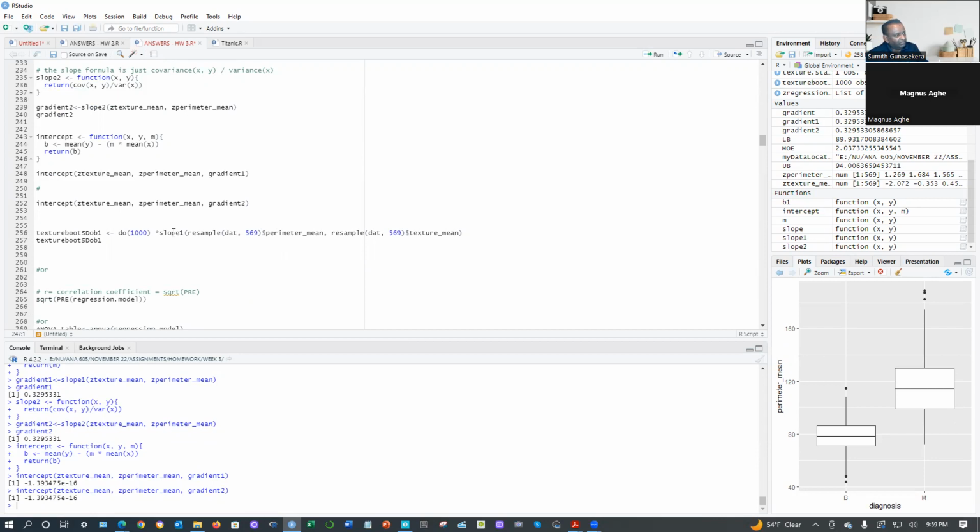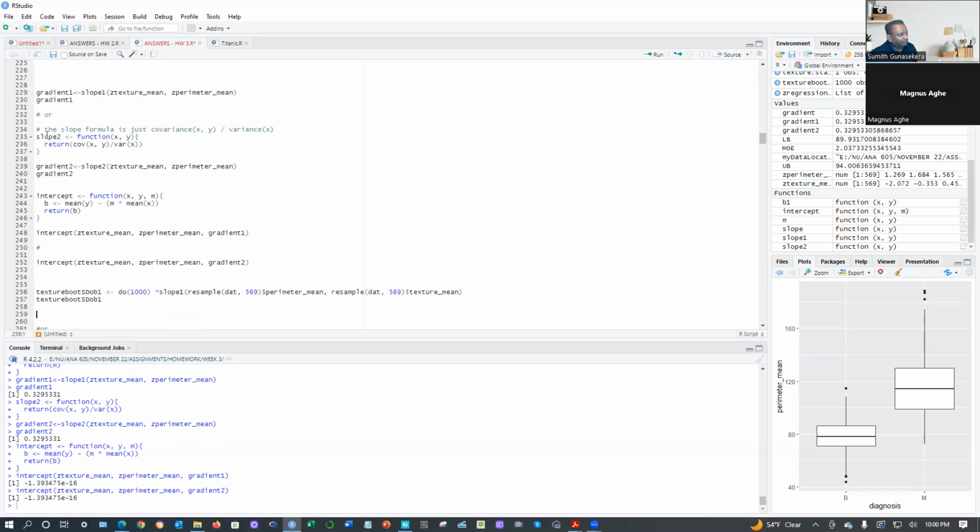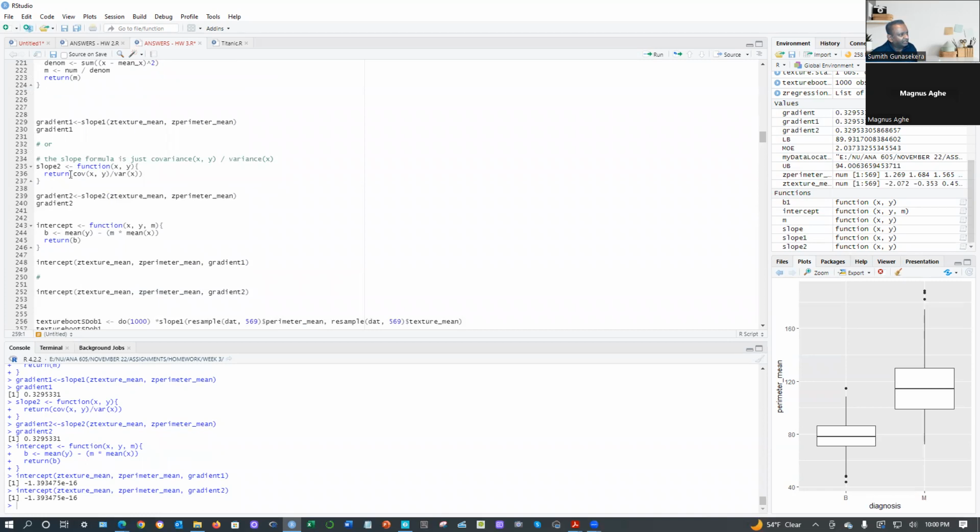That's why, when we try to do this with B1 and it doesn't work, I'm going to use resampling instead. I'm going to go to this one: perimeter mean, texture mean, and the slope. For the slope, what you are supposed to provide is this slope function. If you go to slope 1 function, you give the x coordinate, x, and the y coordinate, y values.